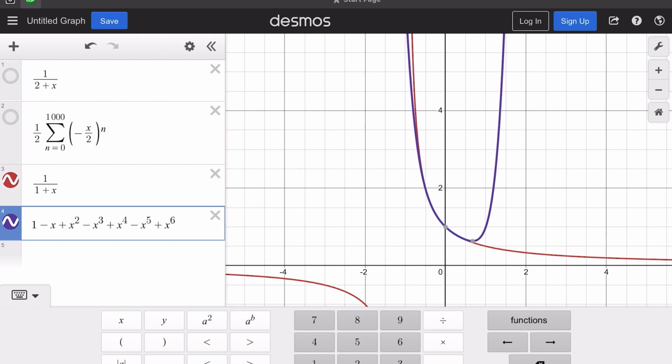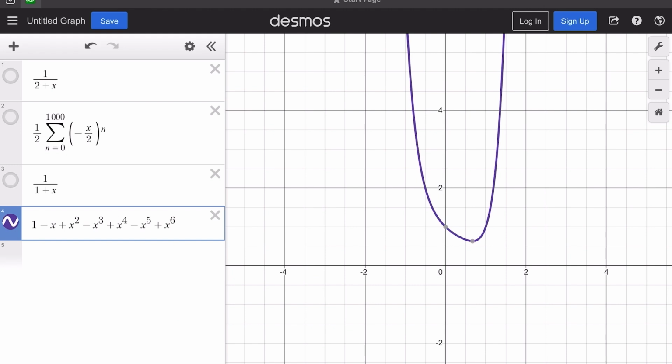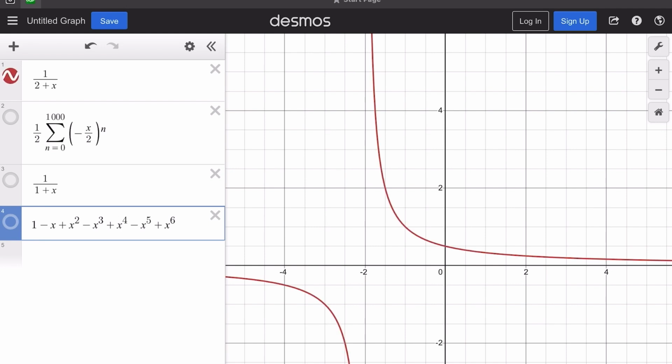We can also depict this with the problem we just did previously, the 1 over 2 plus x. And this can show us what we mean by radius of convergence, right? The interval of convergence. So the function we had was 1 over 2 plus x. And the answer we got was this notation right here. That 1000 you can replace with an infinity.